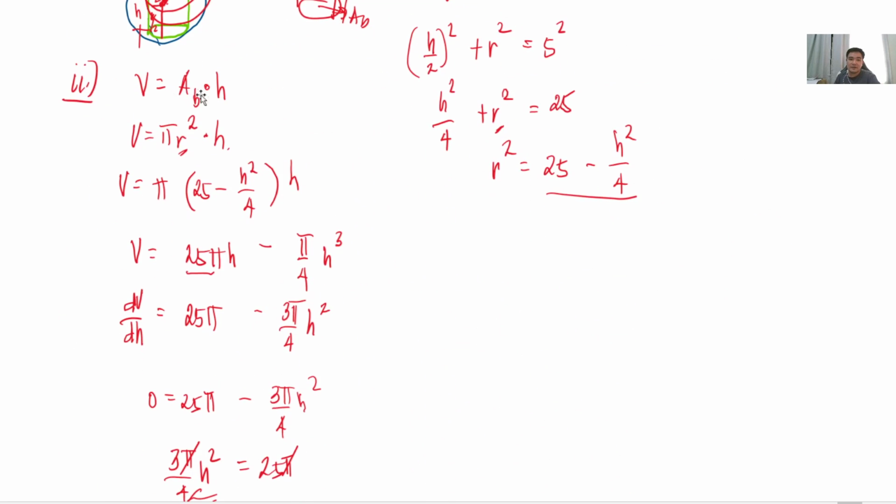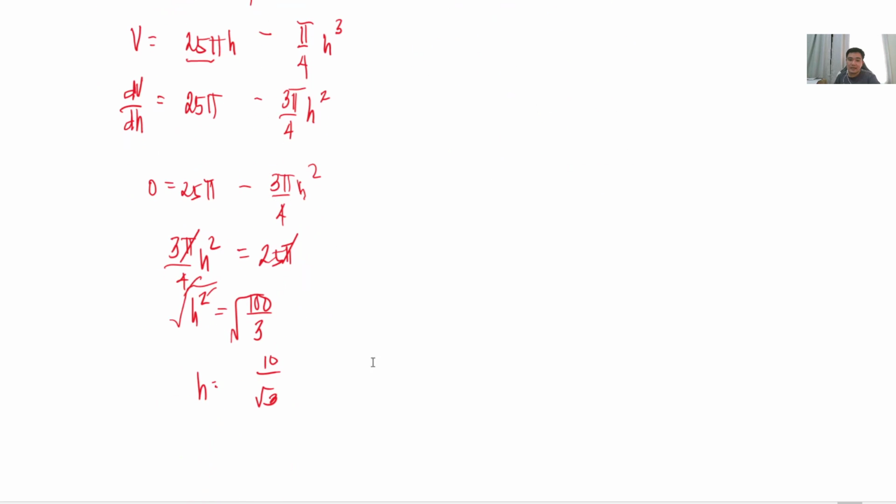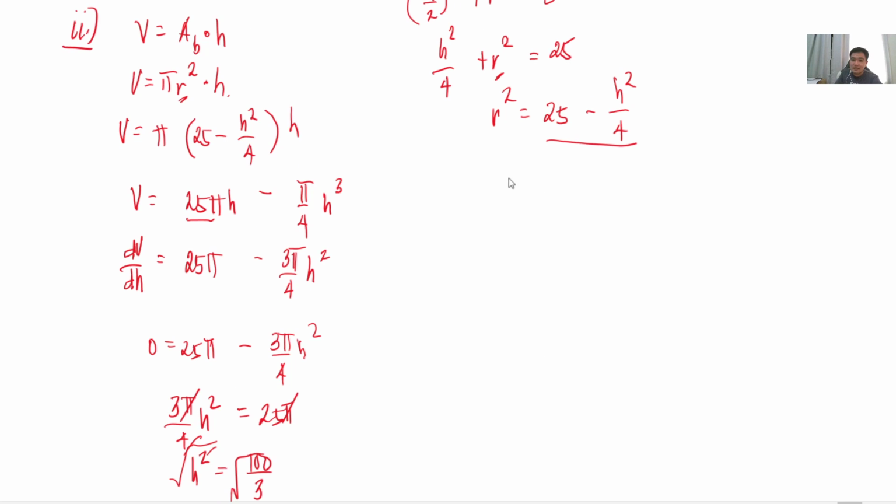Ang volume is area of the base times height, wherein ang base natin is pi r squared. Ang problema, wala pa tayong r. Okay? Pero, meron na tayo kanina dito, di ba? Nakalagay dyan na ang r squared natin is equal to 25 minus h squared all over 4. I-substitute na lang natin siya sa ating volume.